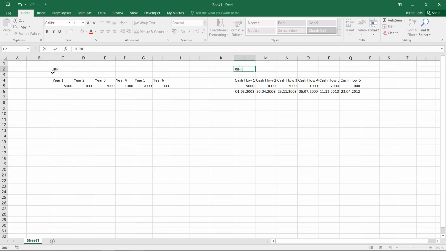IRR stands for internal rate of return and means that if we consider an investment, which in this example leads to costs of 5,000 euros and generates these cash flows in the later periods, we want to know what this outcome would compare to if we hadn't invested the 5,000 euros into this investment, but instead would have put it into a savings account.